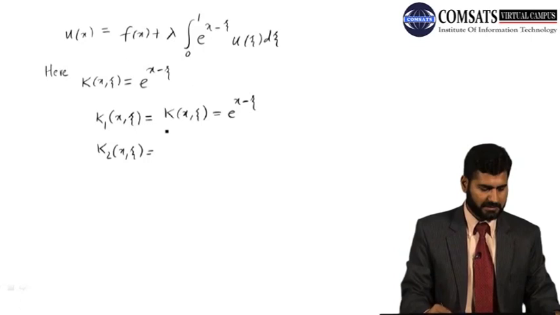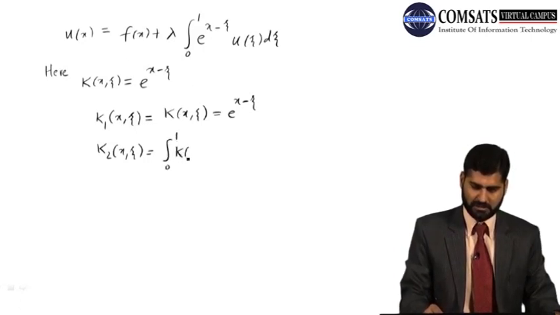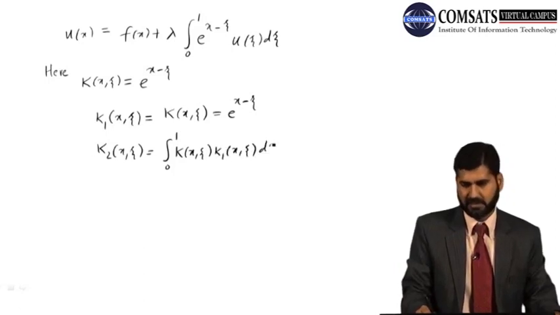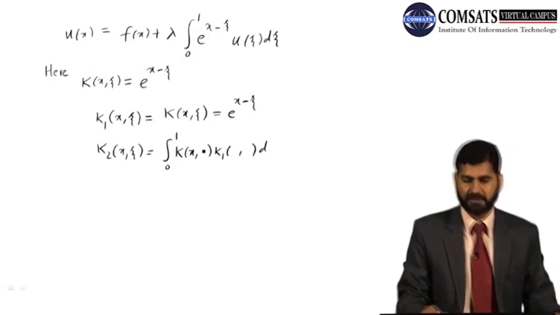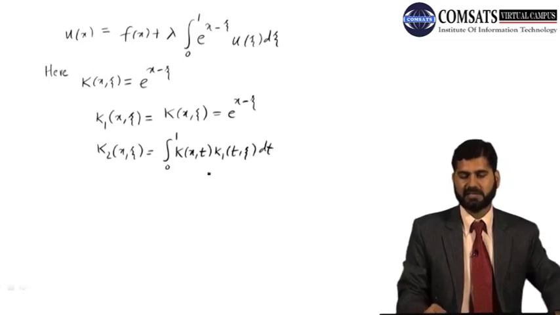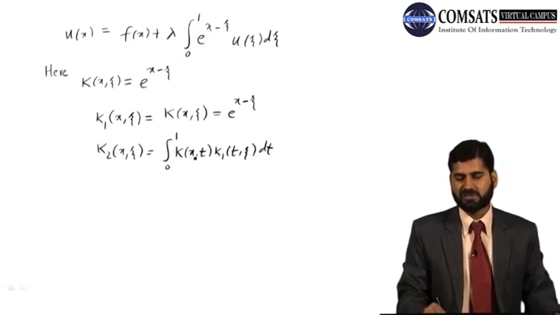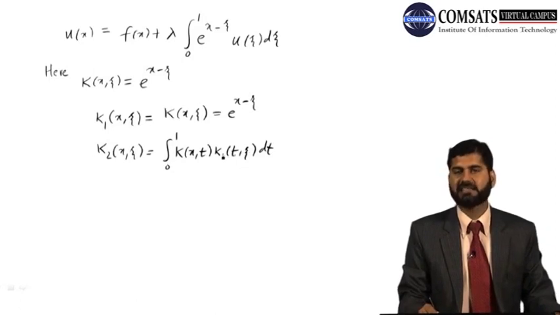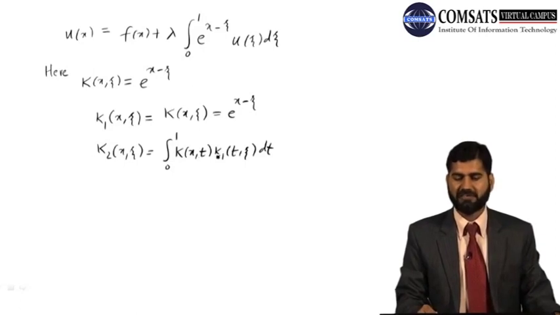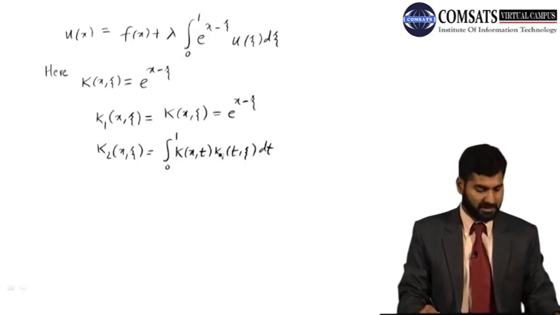K2 is the integral from 0 to 1 of K of x t and K1 of t xi dt. This is t xi, and this is x t. Because this is a function of x and xi, you have to start with x t and t xi. t is a dummy variable; it will be gone after the integration, and you will be left with x and xi. All right.